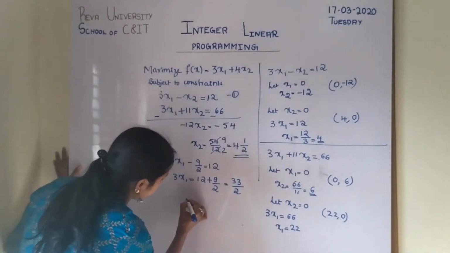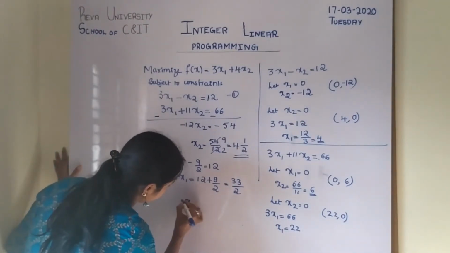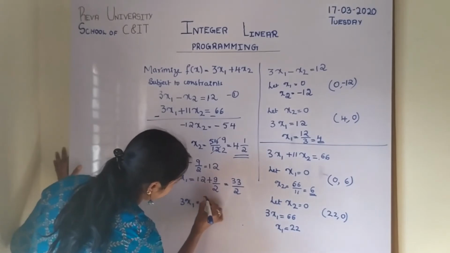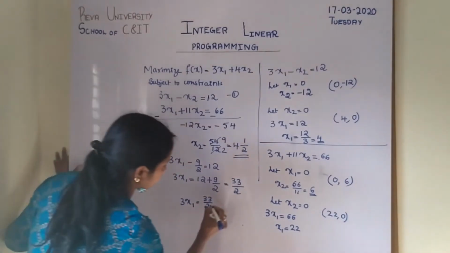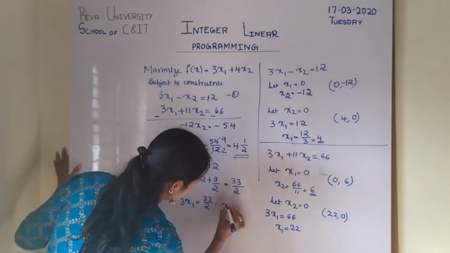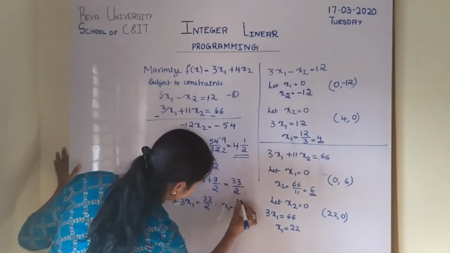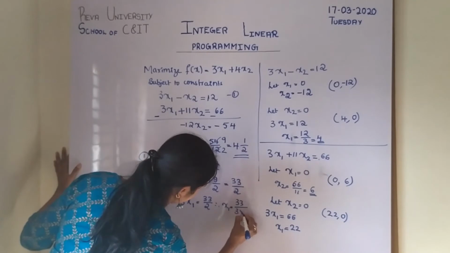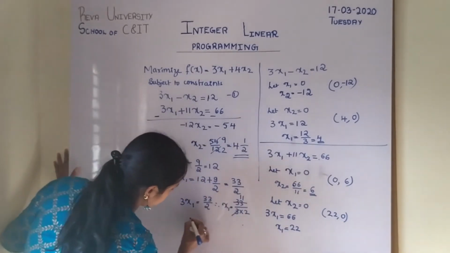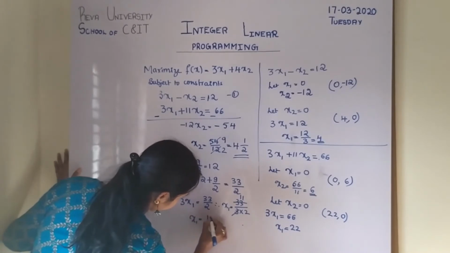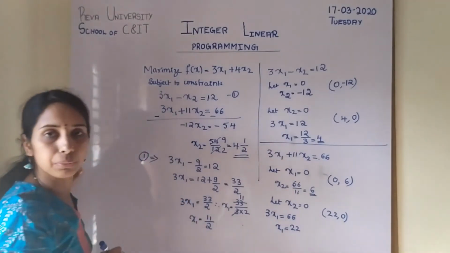Now x1 will be, see, 3x1 is equal to 33 divided by 2. Therefore, x1 will be 33 divided by 3 into 2, which is equal to 11. So x1 becomes 11 by 2.